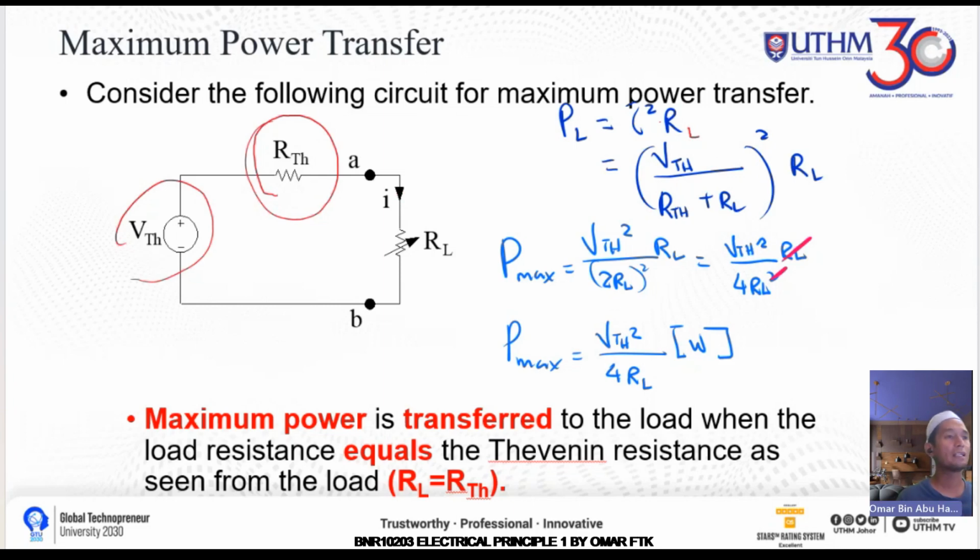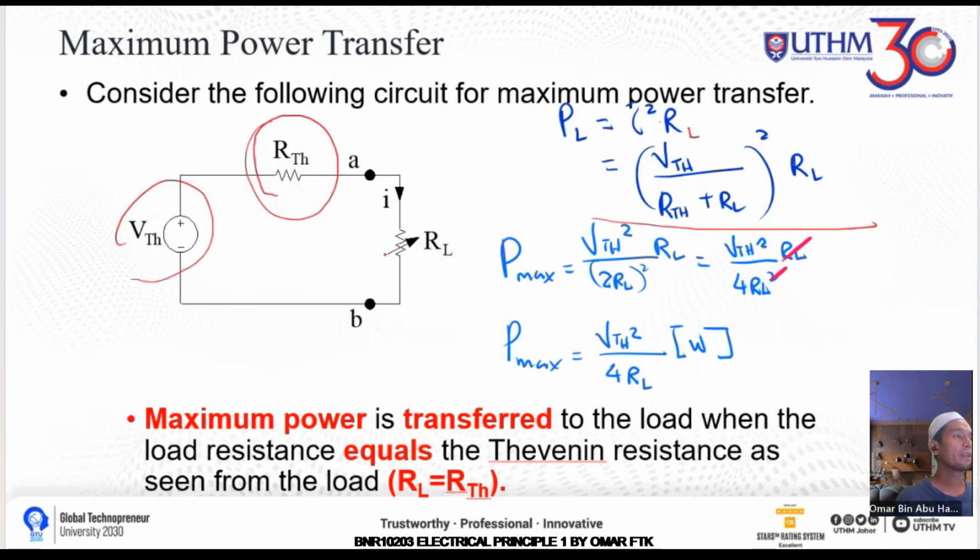The value of the current can be determined by the Thevenin voltage divided by the Thevenin resistance plus RL. So this is the power in the RL.